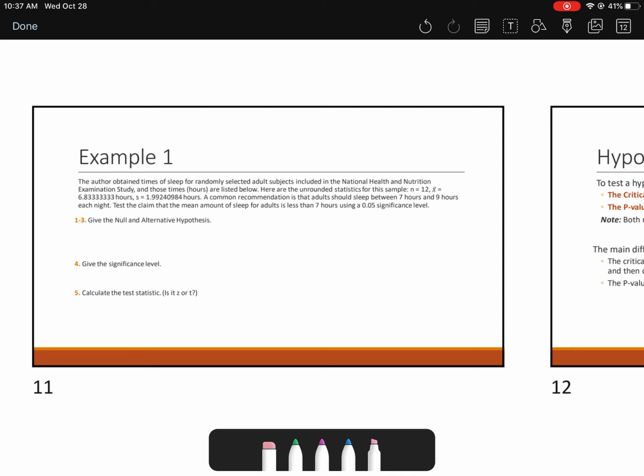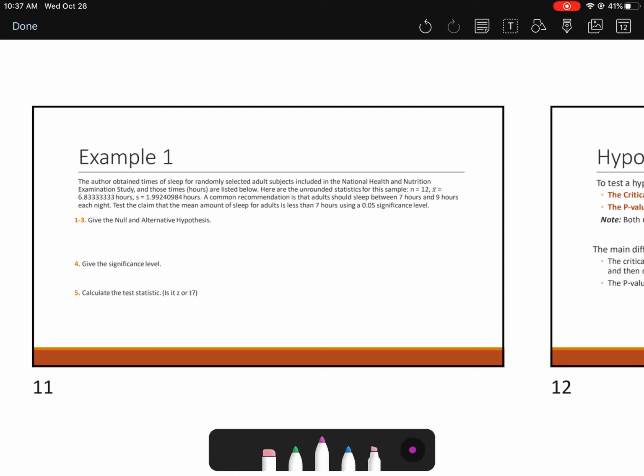Our sample standard deviation was 1.99240984 hours. A common recommendation is that adults should sleep between 7 and 9 hours each night. Wouldn't that be great? Test the claim that the mean amount of sleep for adults is less than 7 hours using a 0.05 significance level.